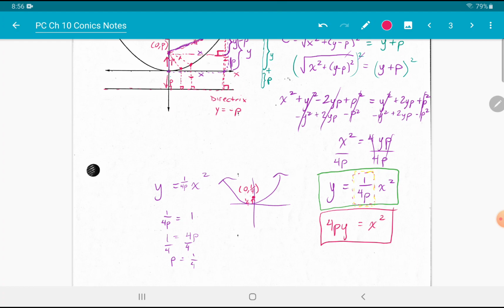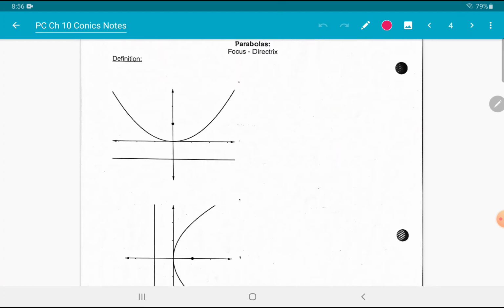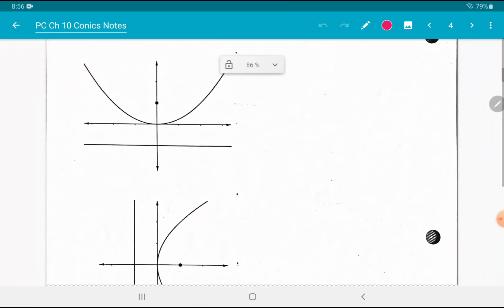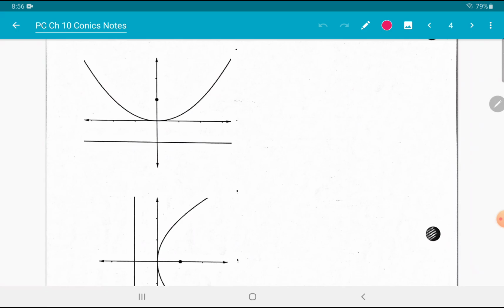Going on to the next page, we see two different kinds of parabolas. We've already talked about the first one, where we have the equation x squared equals 4py, or you can think of it as y equals 1 over 4p x squared. Any one of those forms would be acceptable.